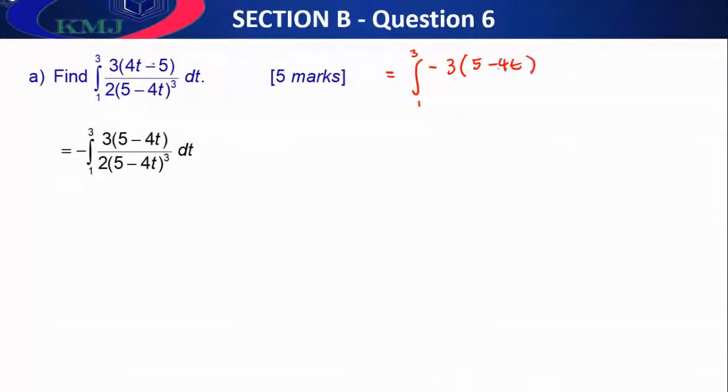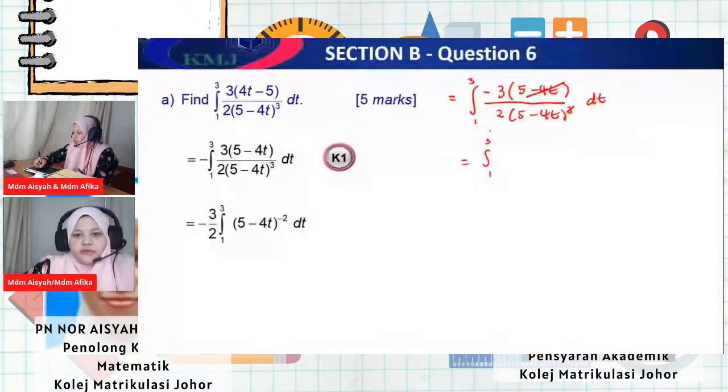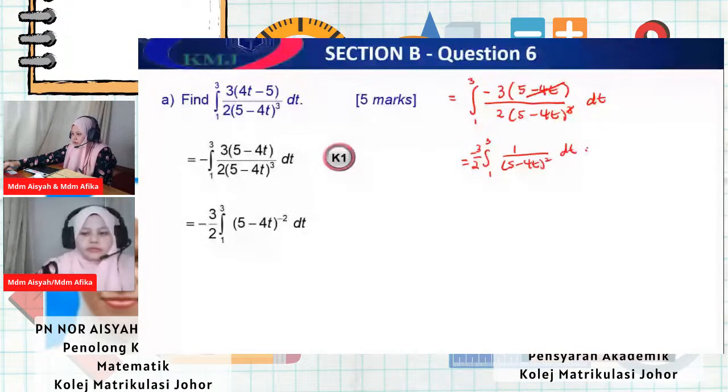We just factorize the negative outside. Now we can cancel here so that we can get the integral from 1 to 3. We factorize negative 3 over 2 outside, so we are left with 1 over (5 minus 4t) squared dt.